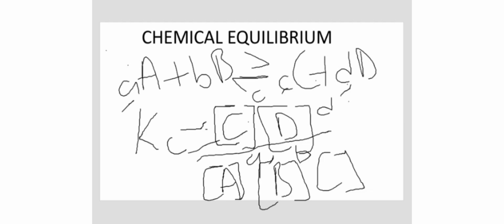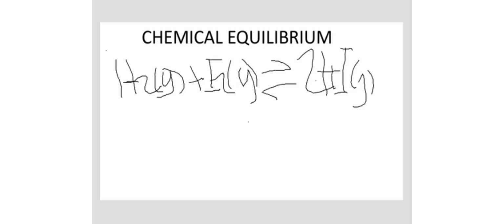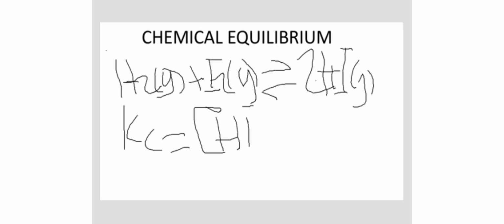Now, given this example, we have H2 plus I2 is equal to 2HI. Can you write the equilibrium expression? Just as I said, Kc is equal to the products. The product is HI. Now, what's the coefficient of the product? The coefficient is 2.